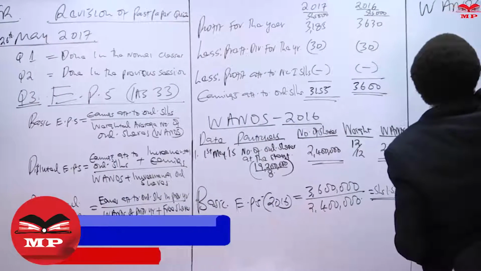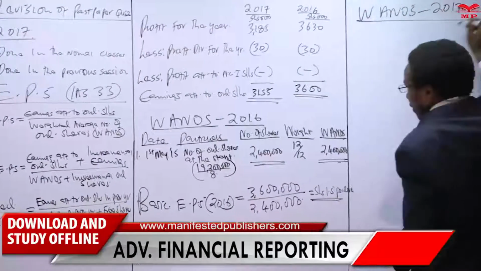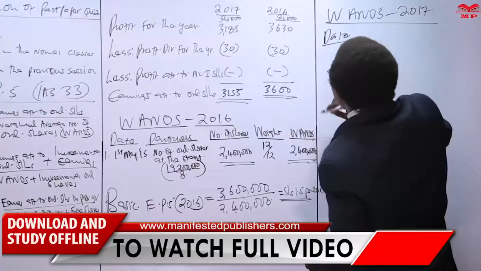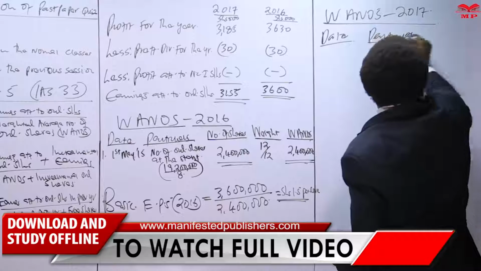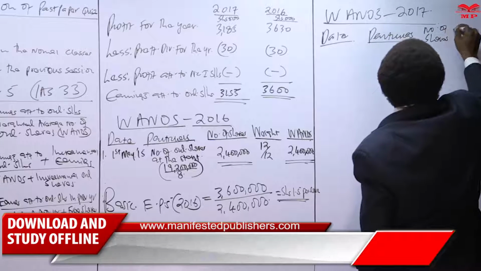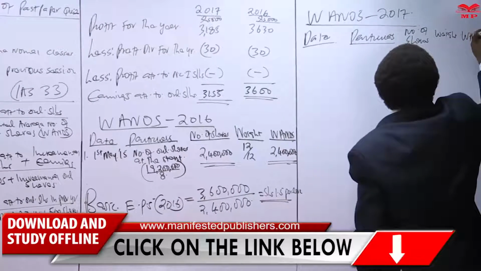WANOS for 2017, year ending 2017. So we have the date. This at least has some transactions. We have the particulars, the number of shares, the weight, and the WANOS.